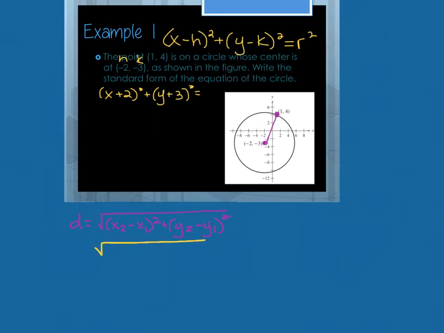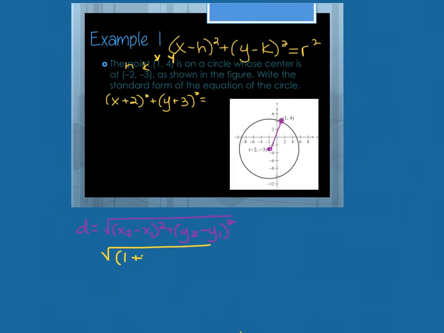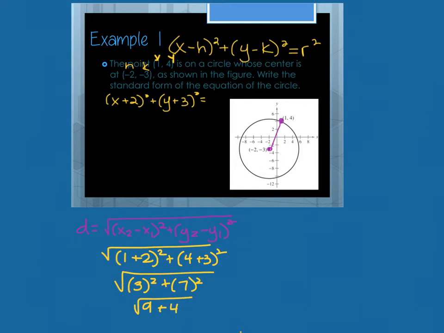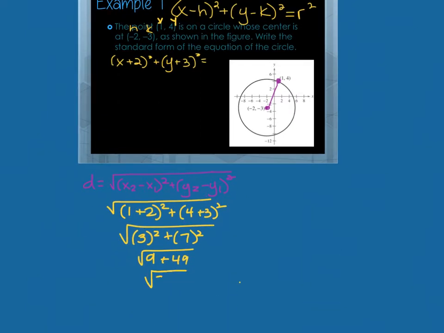If I started with x, y here, this would be 1 minus a -2, which is plus 2, squared, plus 4 minus a -3, which is plus 3... actually 3 squared plus 7 squared, 9 plus 49, that's 58. The square root of 58.